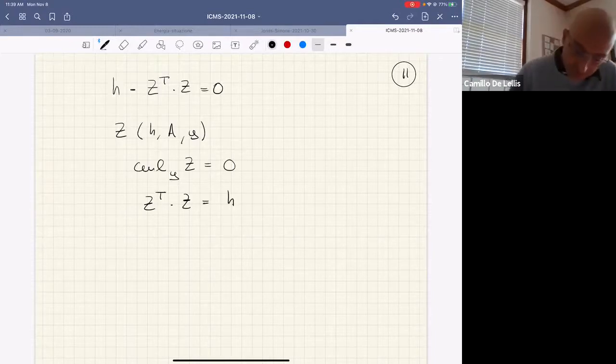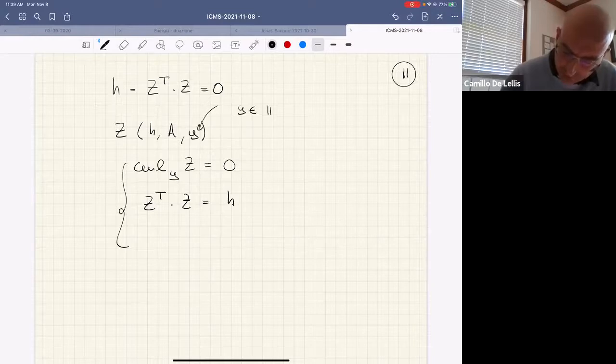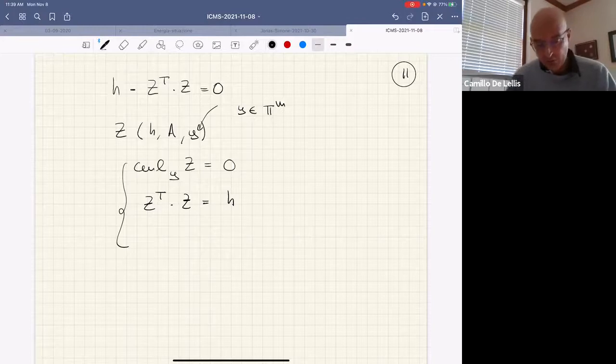Okay, but not only that, of course, what I also want is that there's the potential for this z, which when I periodize, because you see this function y, I want to be in the periodic torus. So I want the periodic solution. So I want to find a potential which is also periodic.